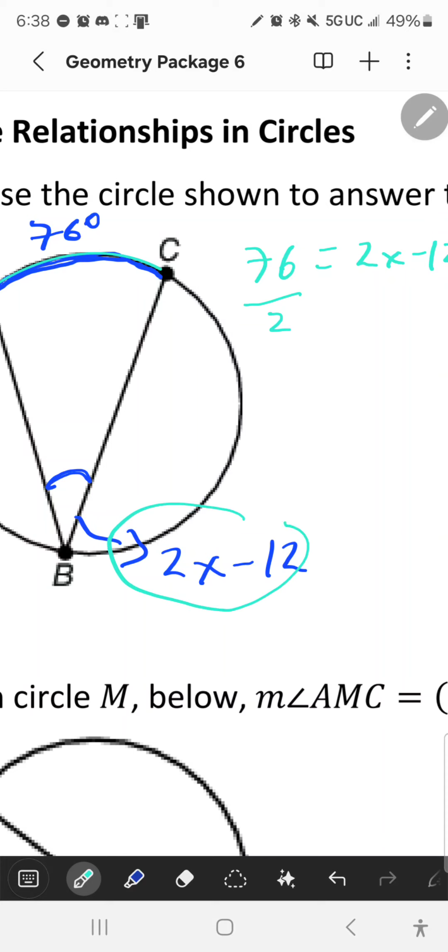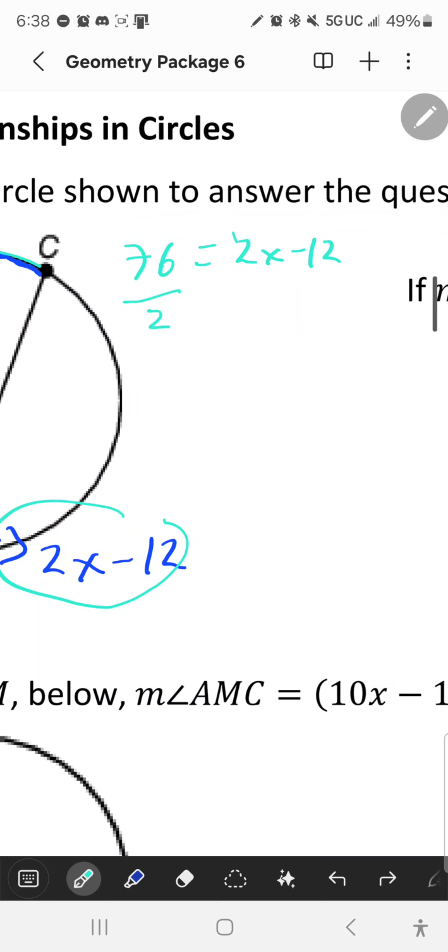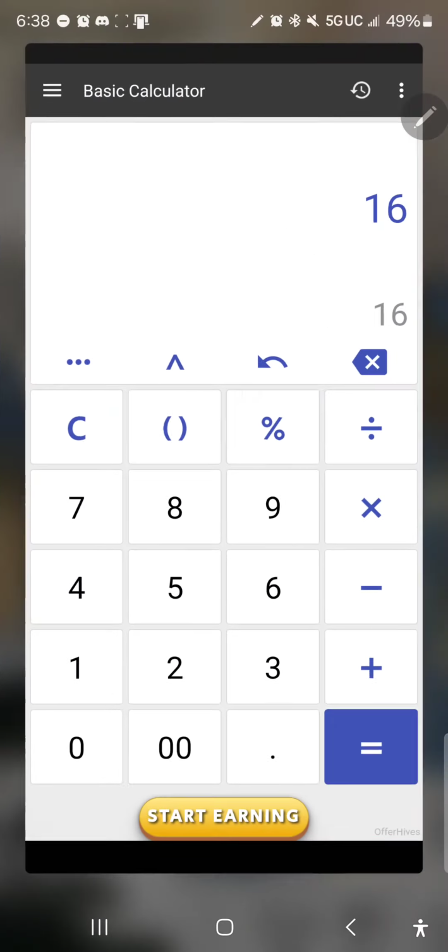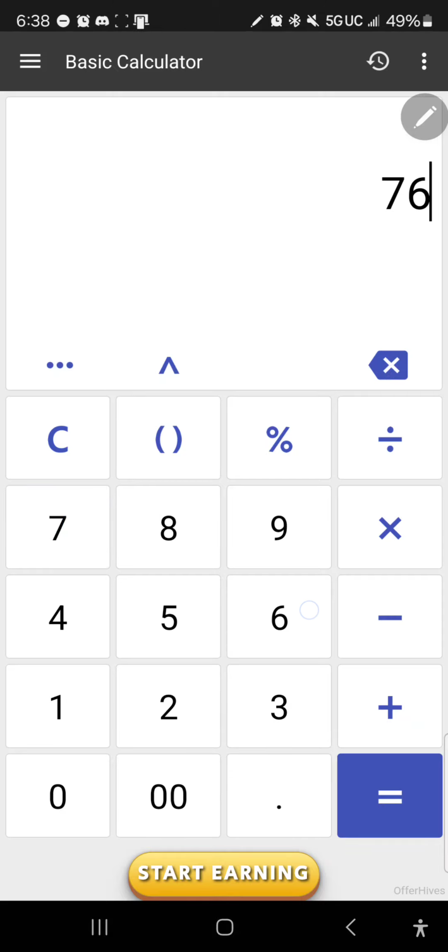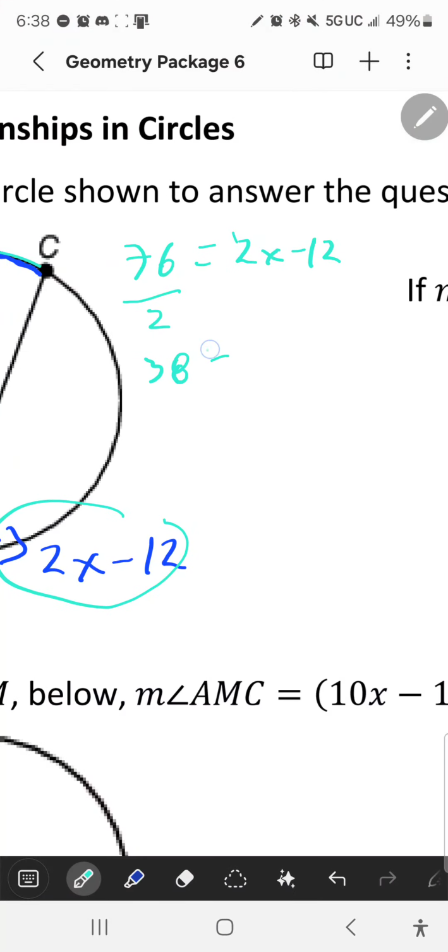If I say that the angle is half the arc, I get the same answer. So 76 divided by 2 is 38, I think. Yes. So 38 equals x minus 12.